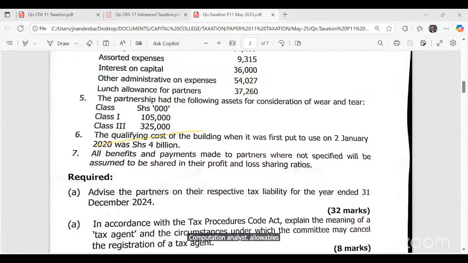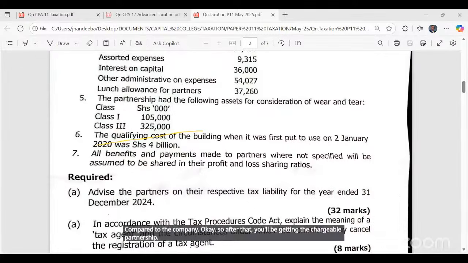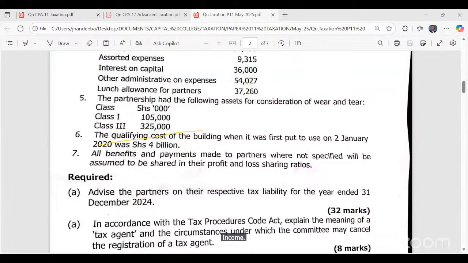That is also unique compared to the company. Okay, so after that, you'll be getting the chargeable partnership income. At this point, you have eliminated all the things to do with the partners. And you're saying, if the partners did not pick any money from the partnership, this should have been the chargeable income.